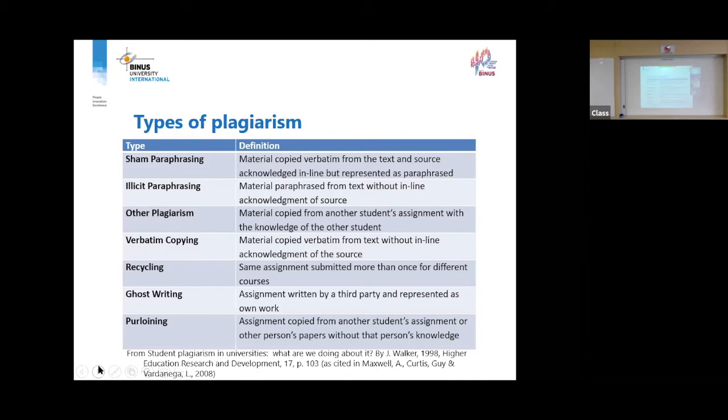In a lot of your classes, you will be writing academic writing, meaning you will be writing from your sources. You will be using a lot of other people's ideas in your own writing, to bolster your own stand on an issue or on a topic, to support your opinion, and so on and so forth. So there's a lot of reasons why you make use of sources in your own writing.